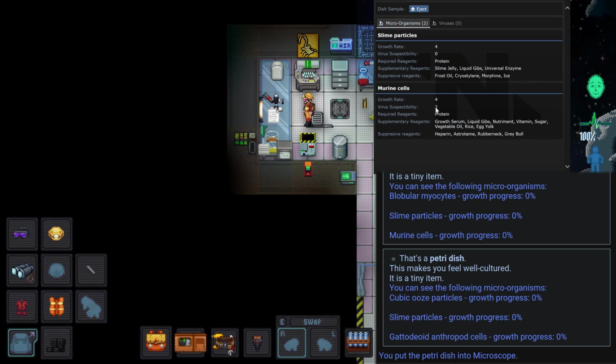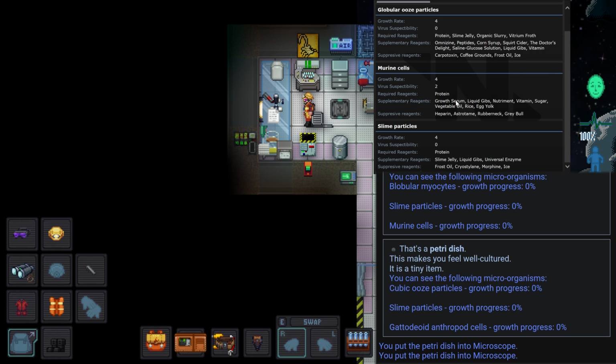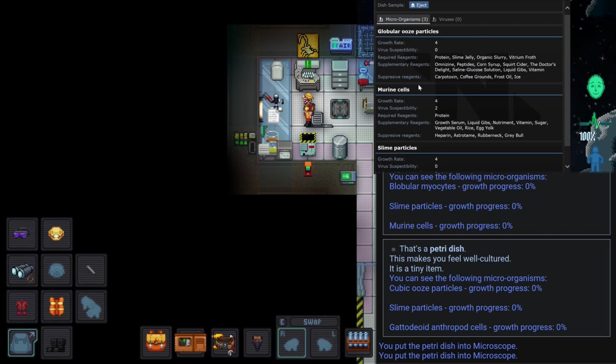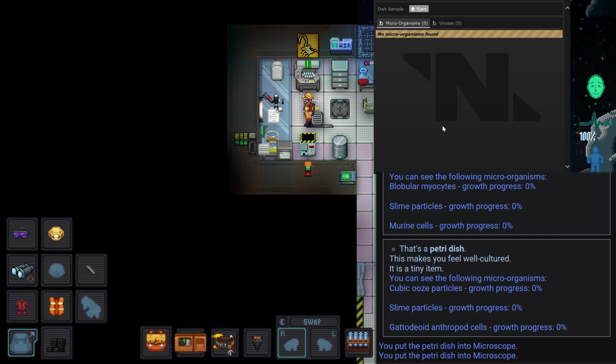We can only make some of the cells grow faster or slower if we suppress the cells or add supplementary reagents to them. But let me check if we have any slime particles next to the cells that require something other than protein. So this one contains also the slime particles and murine cell, but there are also Wilbur ooze, not really different from the one that we just saw.